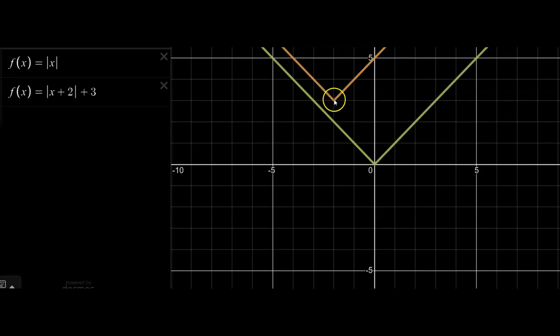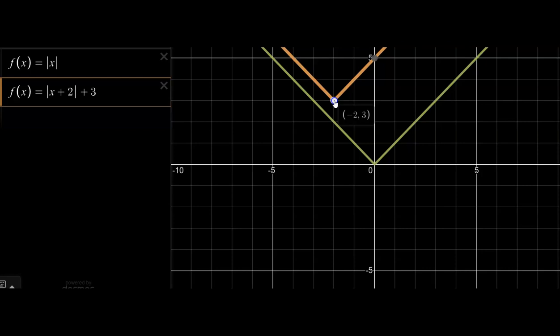So we have a new graph with the vertex at -2, 3. There's the new vertex right there. So that is how we shift a function.